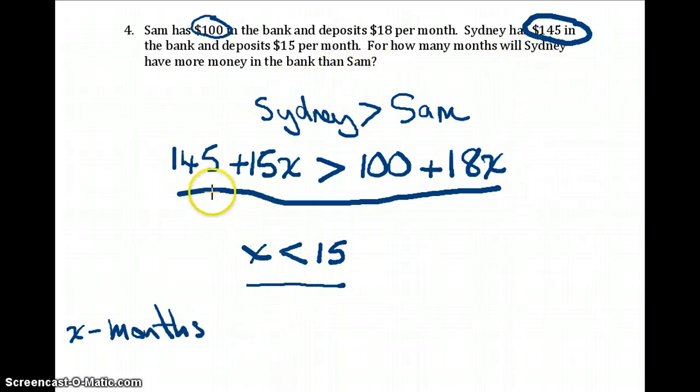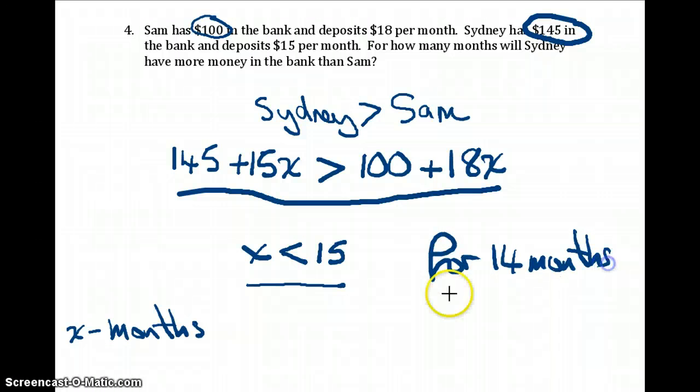This statement is true when X is less than 15. So at 15 months, will Sydney have more money than Sam? The answer should be no. So for how many months will Sydney have more money in the bank than Sam? The answer is for 14 months, Sydney will have more money.